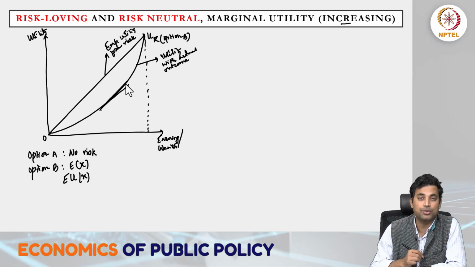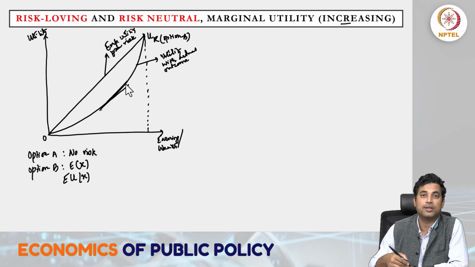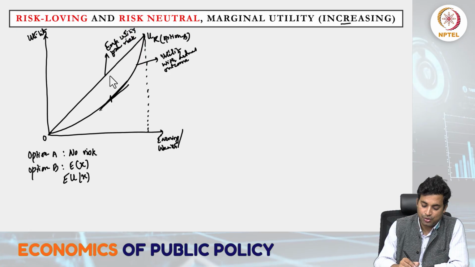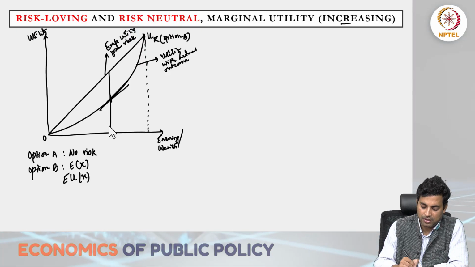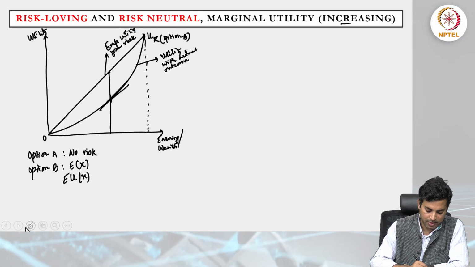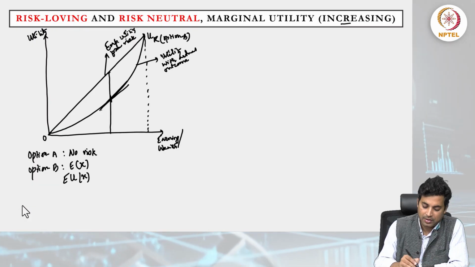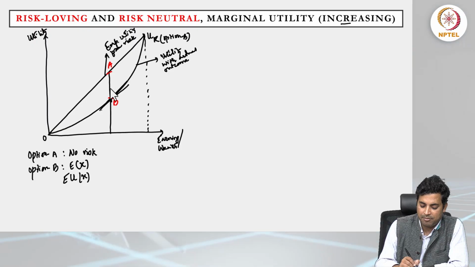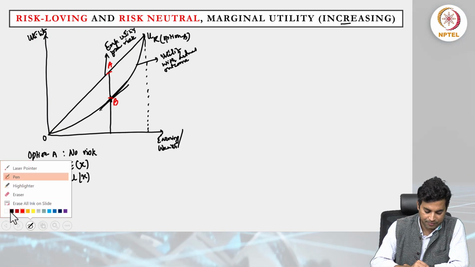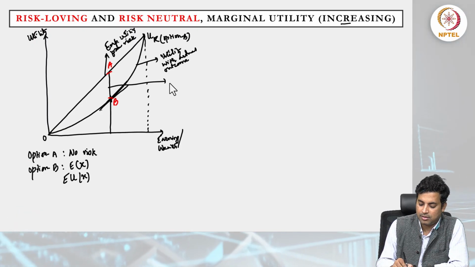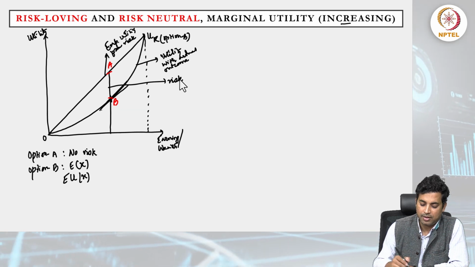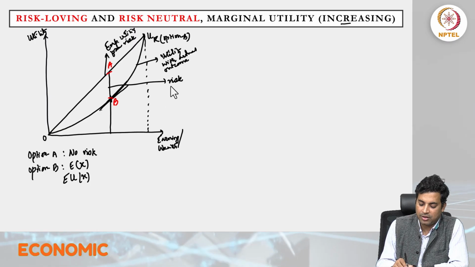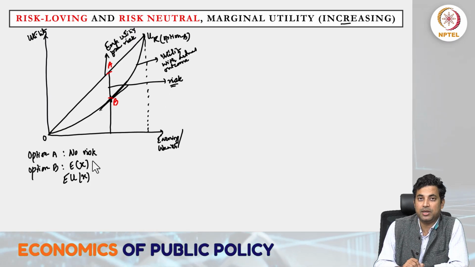One can also show it through the slope of the utility curve, and at this point we can show the risk, say point A and point B. Between point A and B, this is the risk that is involved, and based on this risk, the premium needs to be calculated.